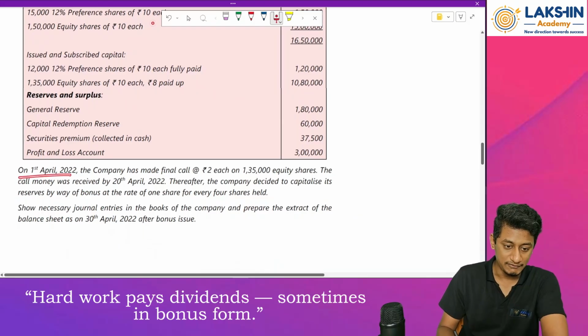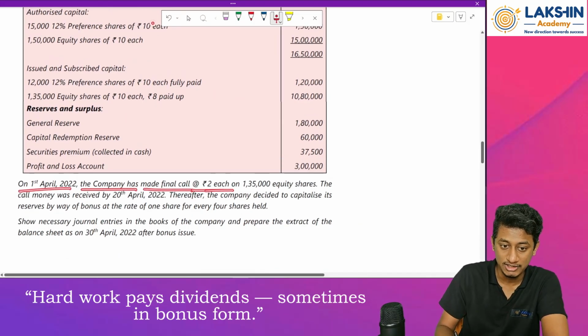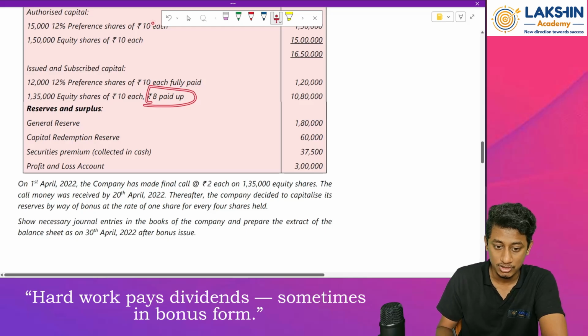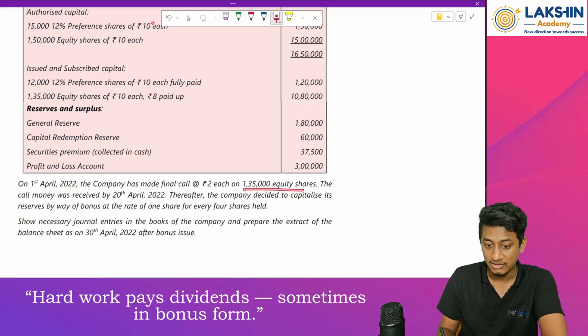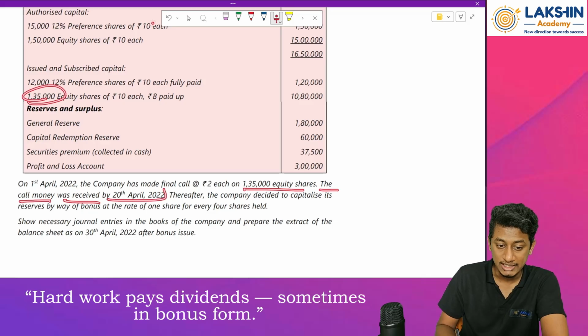On 1st April 2022, the company has made a final call at rupees 2 each. See, how much was supposed to be received? Rupees 2 was supposed to be received, so the company is making the final call now on 1st April on 1,35,000 equity shares. The call money was received on 20th of April.